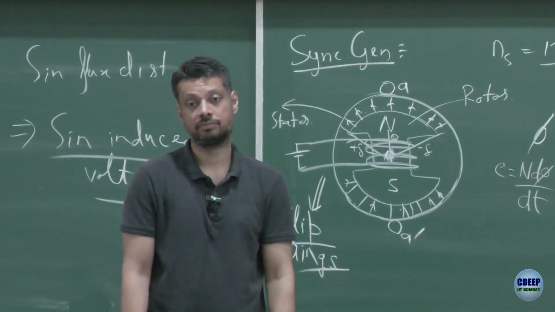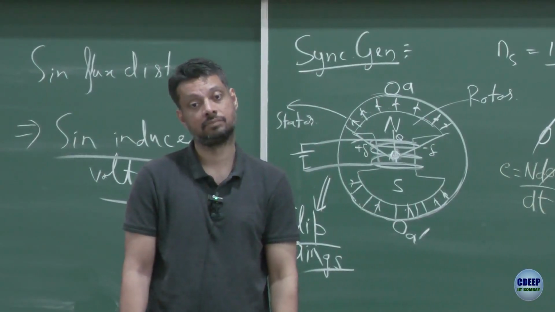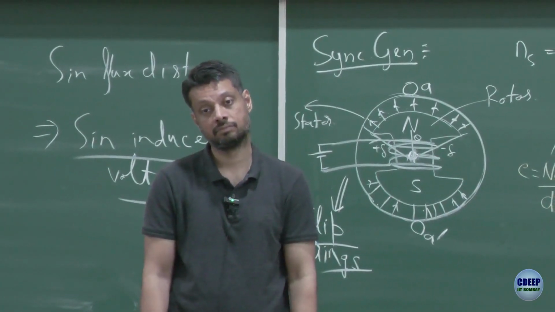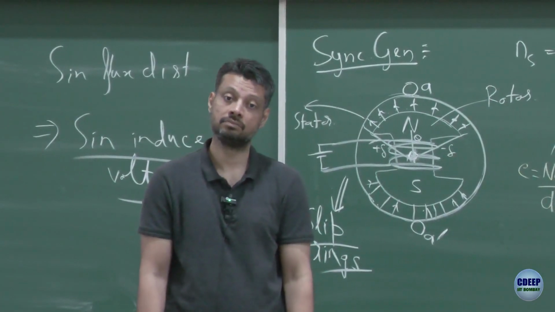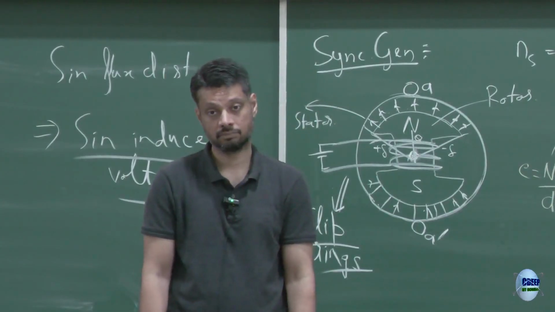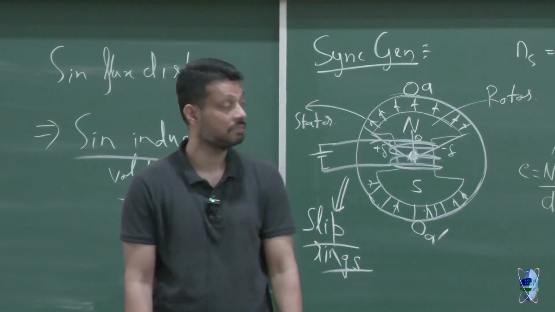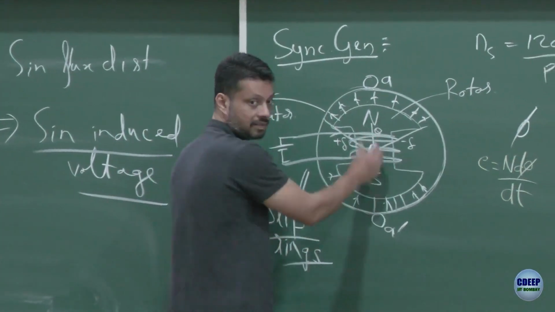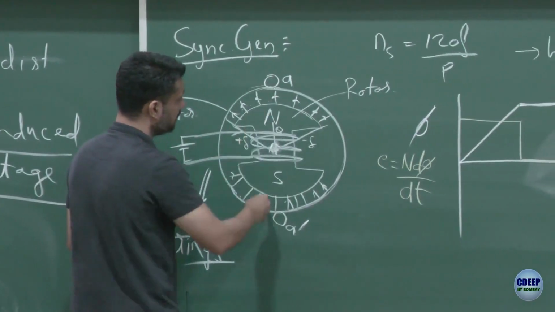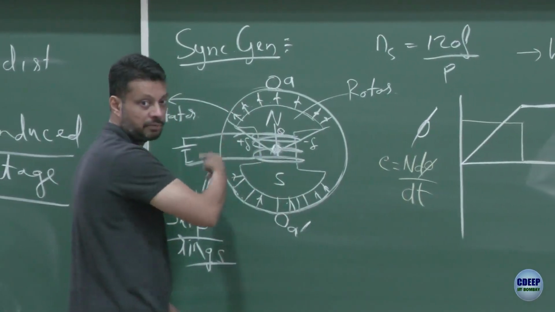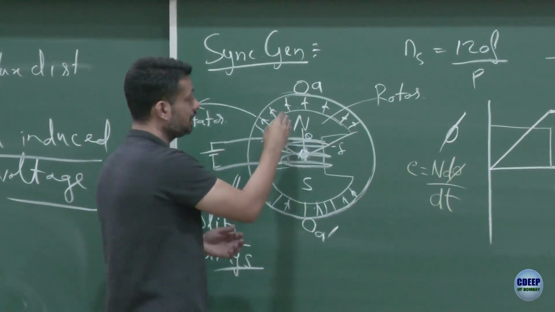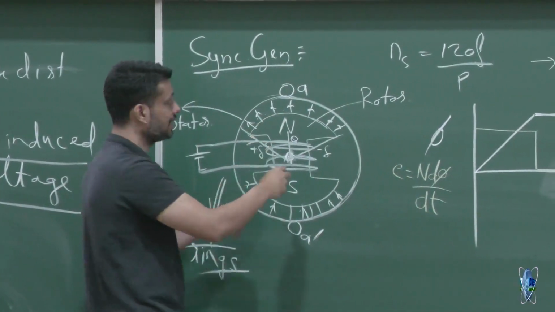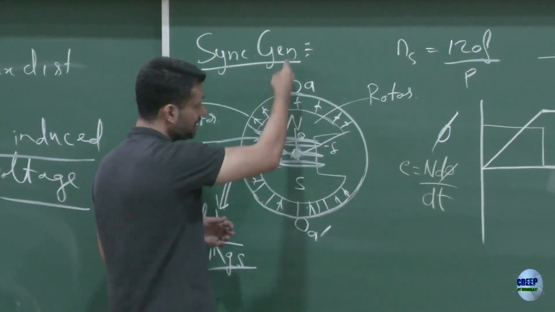If I have 4 lines, let's assume that the 2 lines are replaced. If I take a component of that along this line, the component does not remain the same, because all those lines are flowing through this. So when you see the flux crossing from right to left or left to right, it's not the direction of this air gap flux which matters much. It's how much of the net flux is crossing this line.